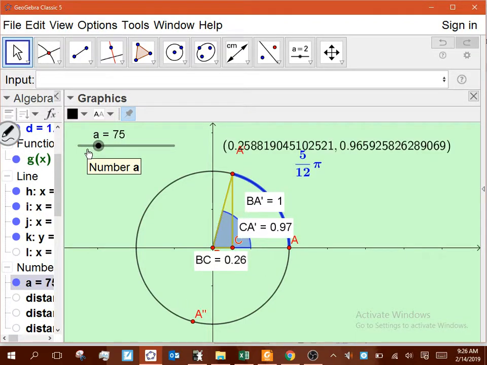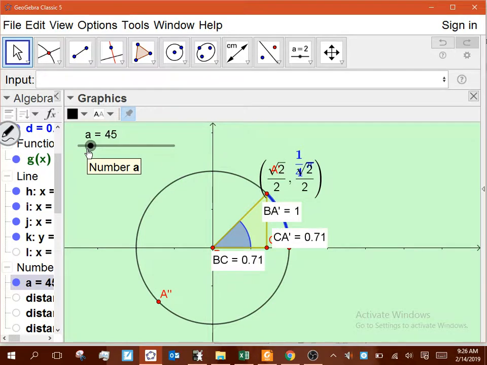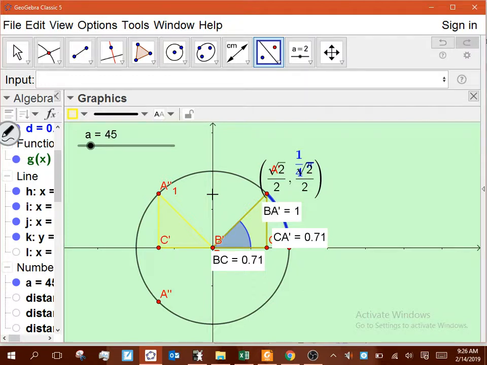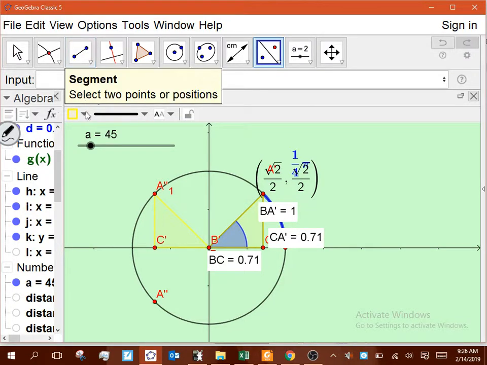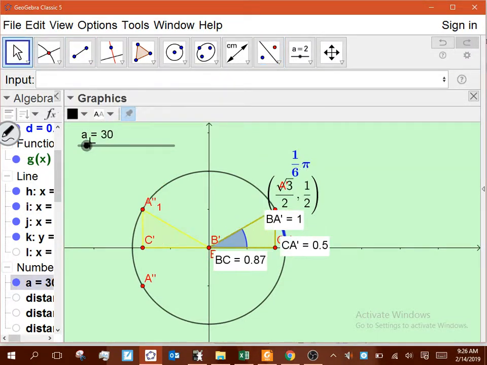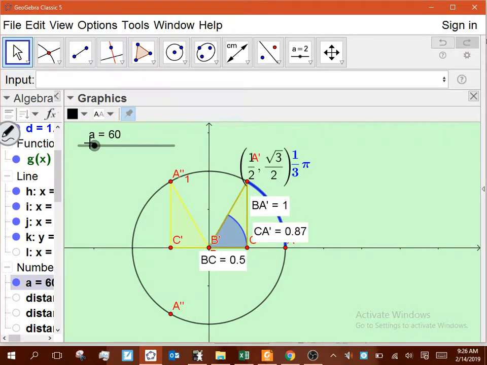through symmetry, is this triangle here the same as that one? Is that triangle the same as the one on the left? Is that one on the right the same as the one on the left? So we can use symmetry.